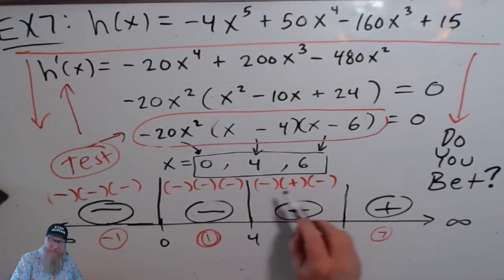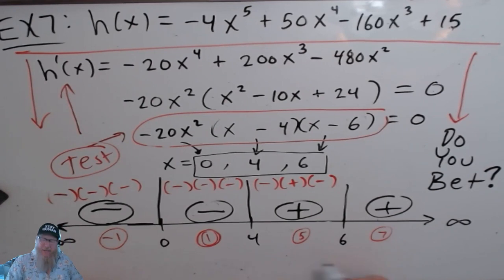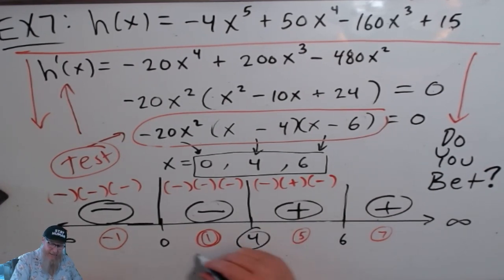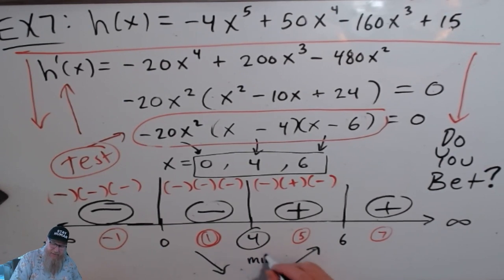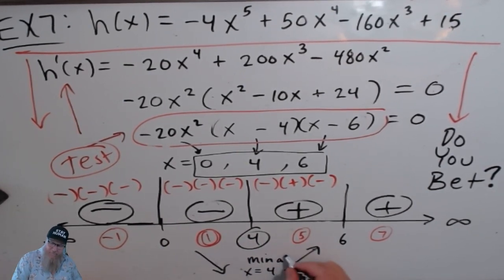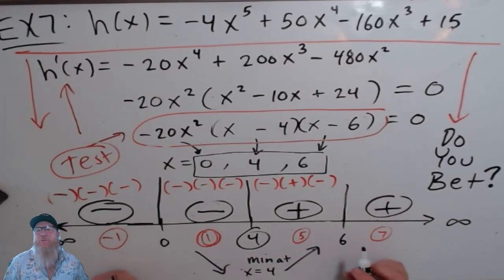I have a negative times a positive times a negative. That is positive. So we got one. That is a min at x equals 4. And again, the min is at x equals 4. It's not the same thing as saying the min is x equals 4.